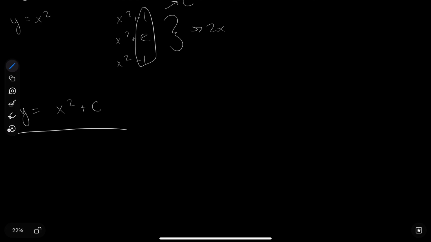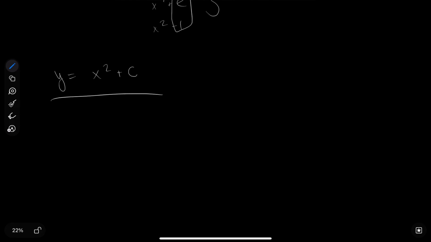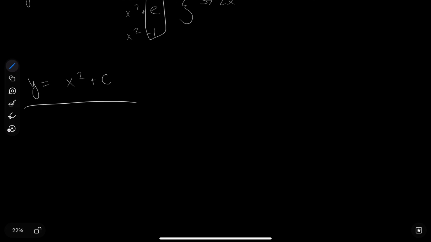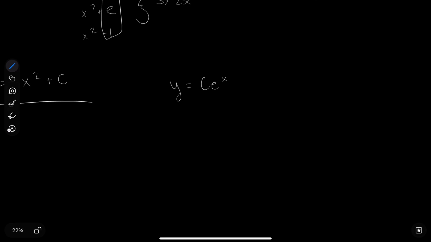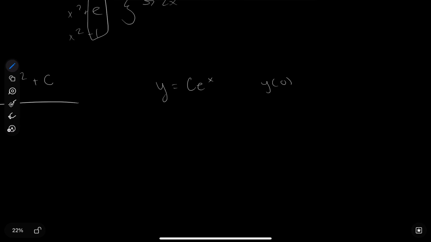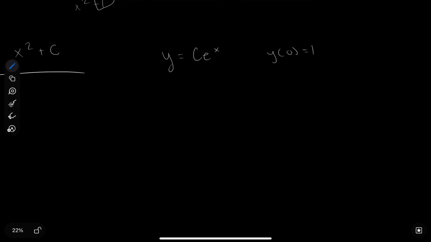So for example, if we have the case where the solution is y equals c e to the x, and we need it to pass through the point y of 0 equals 1. Great. We can take this 1, plug it in for y, equals c e, plug in 0 for the x.